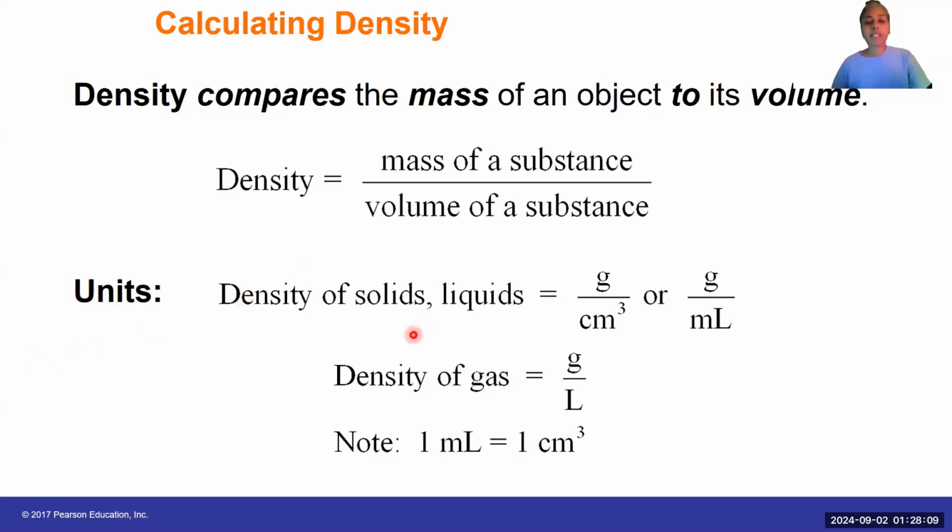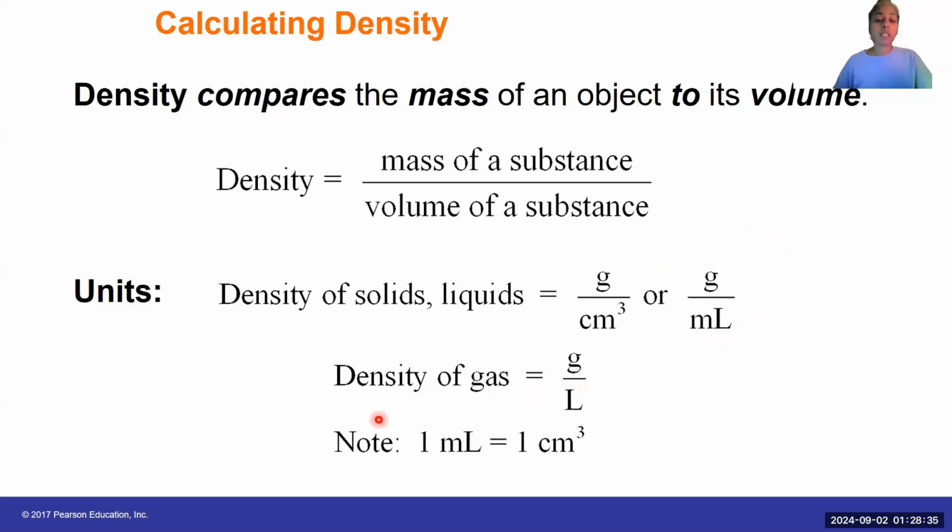Essentially, density is mass divided by volume. When we're looking at solids and liquids, we can use grams per centimeter cubed or grams per milliliter. Remember that grams are the base unit for mass. Milliliters are not a base unit, it is a prefix unit for the volume.